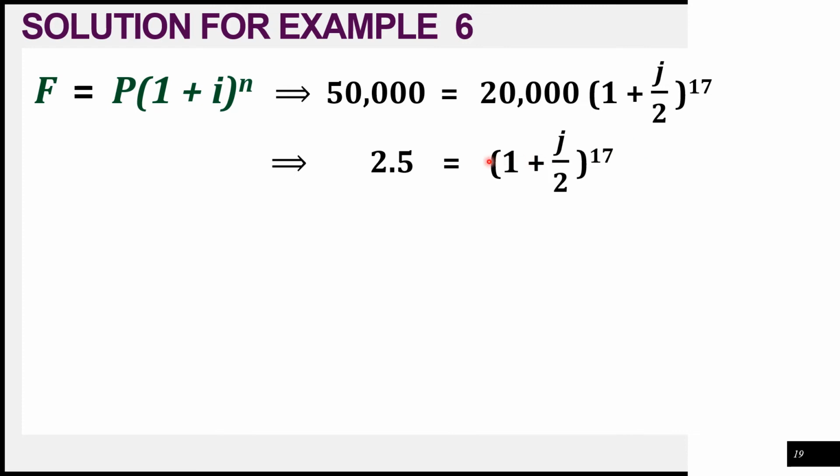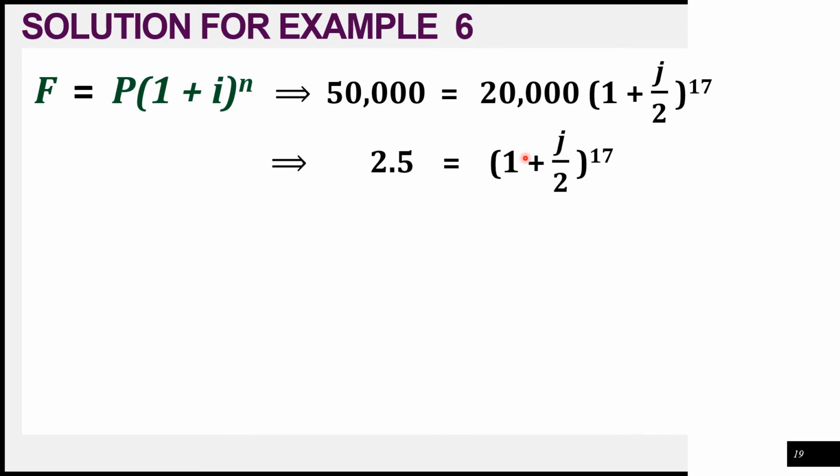You might be wondering, why is it that there's no number here anymore? That's because after dividing both sides by 20,000 pesos, we have here 2.5, and then right here, 20,000 divided by 20,000 is 1, and you don't have to write 1 anymore. That's why this is what's left.